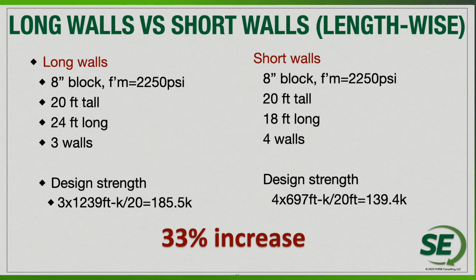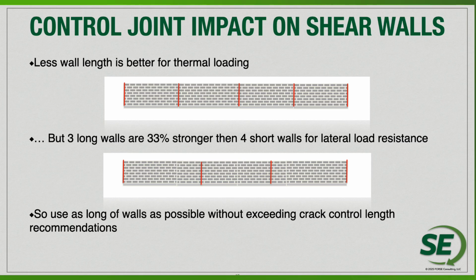Again, just one example, but we certainly have more capacity when we have longer walls, less capacity when we have shorter walls, and all kinds of different varieties of conditions that could create some of these differences. But again, movement joints are really important, where they're located, how they're located within the overall design. Longer walls are going to be better than shorter walls.